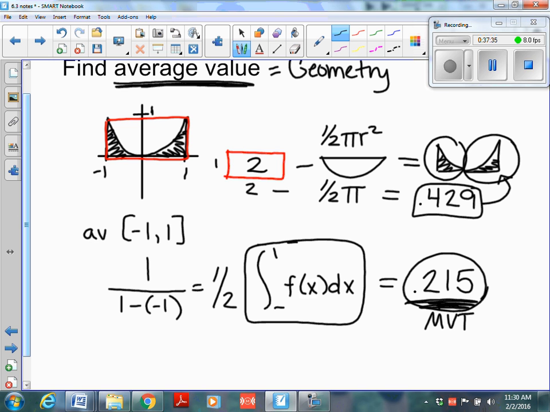Does that make sense? That it's the average of the area. The mean value theorem is the average of the area that you find. And if you take 1/2 of 0.429, what do you get? 0.215. It's the average of the two shaded in areas. Hopefully that makes sense on what the mean value theorem is.